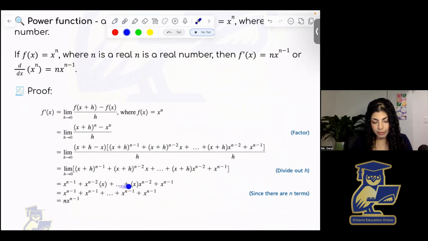And so if you simplify all of this, you will end up with x to the power of n minus 1, n times. So then you have the n multiple, or the n coefficient, times x to the power of n minus 1.